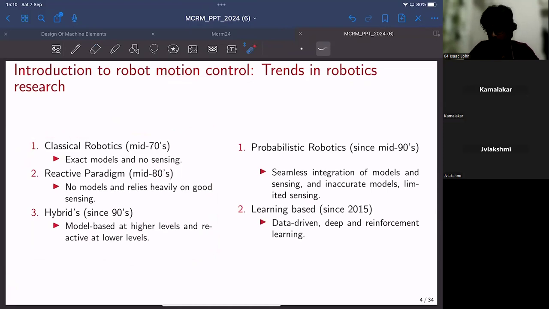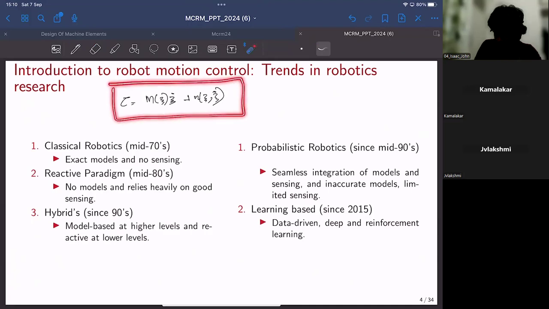So this is basically the evolution of motion controller schemes that have been deployed on robotic manipulators. Until the mid 70s, we mostly relied on exact models. For example, people could consider the dynamic model to be an exact model of a robotic system, and we relied on this dynamic model to control a robot.